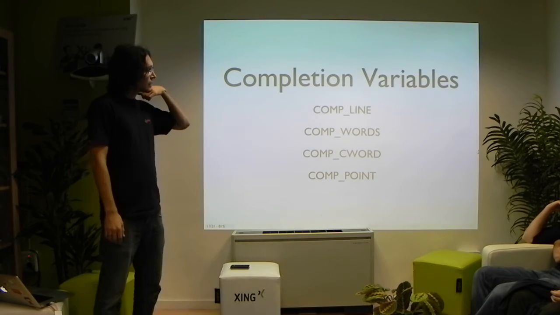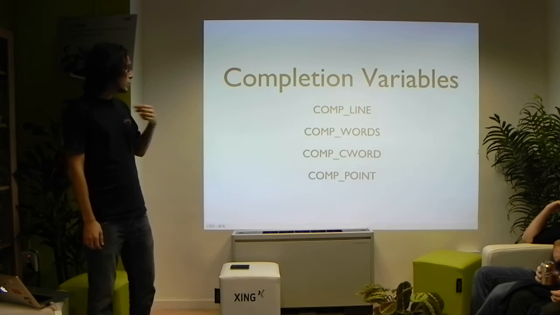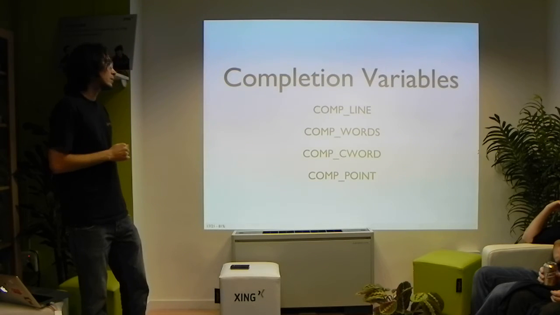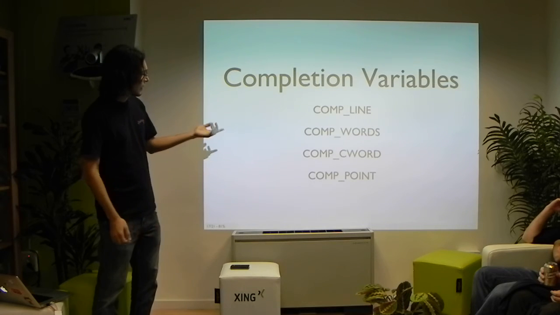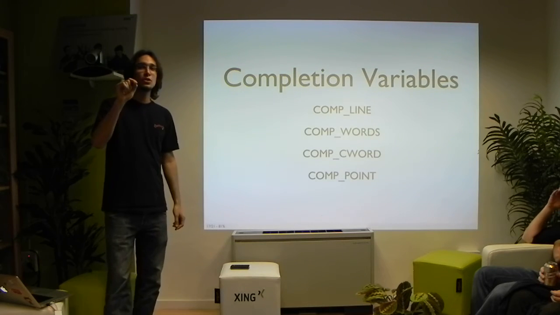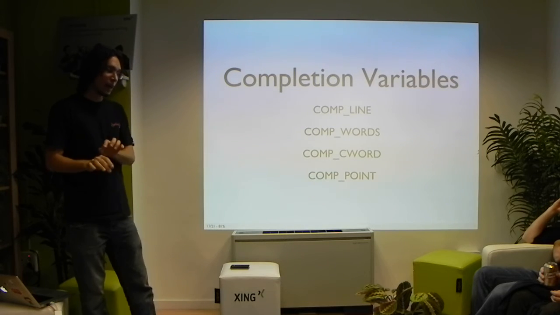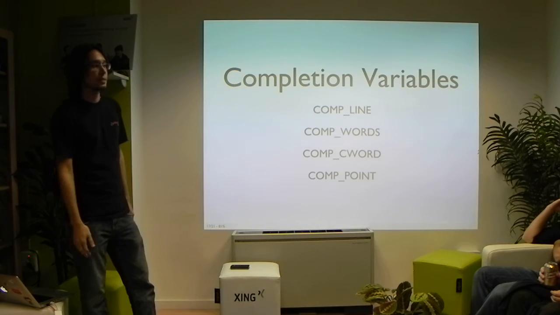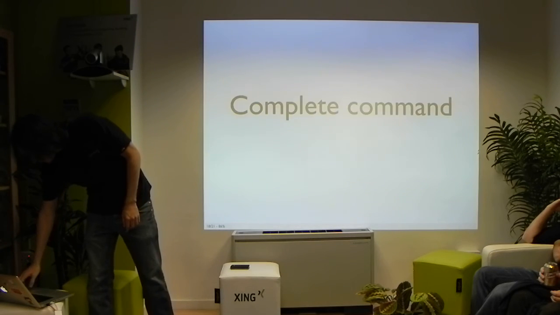COMP_WORDS is the same as the completion line but separated in an array. COMP_CWORD gives you the index of the current word inside the other array. And COMP_POINT will give you the exact position of the character you're typing in the command. So you are at character number 17, or number 15, right?